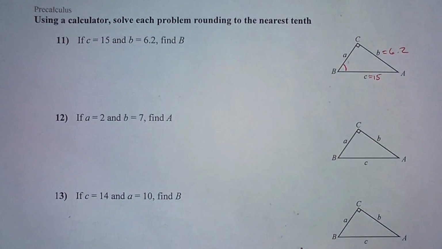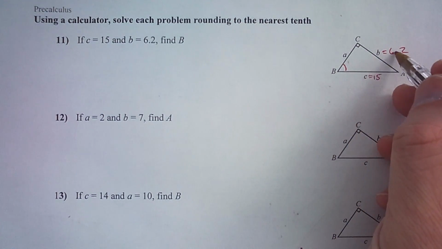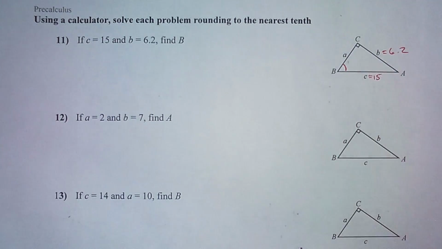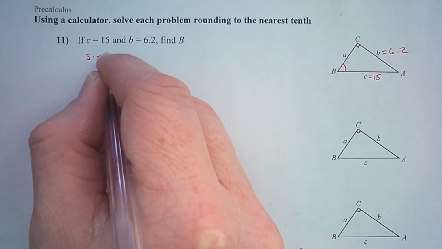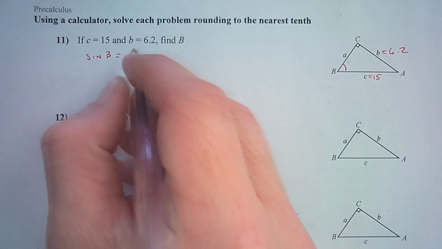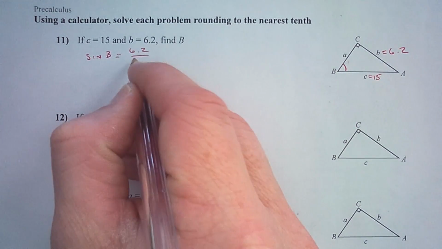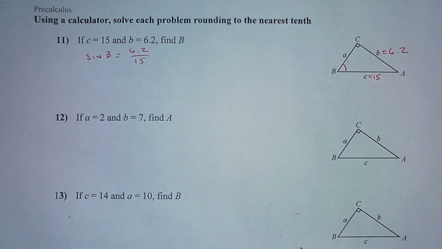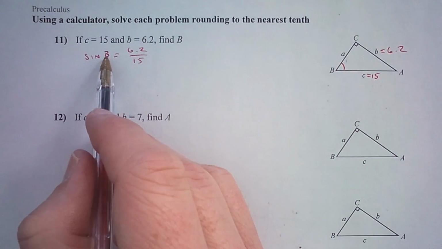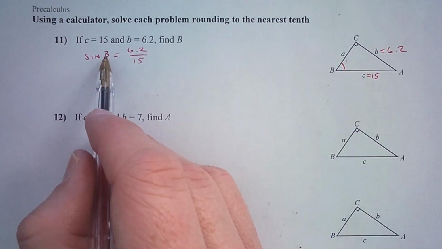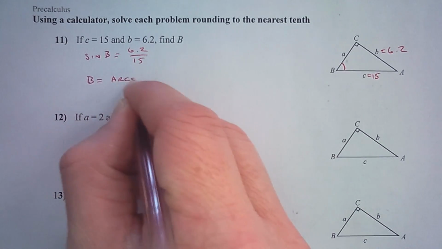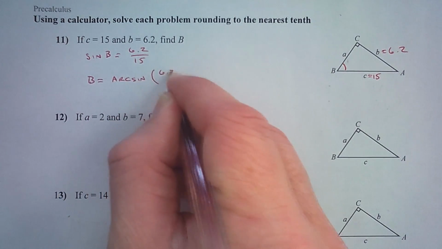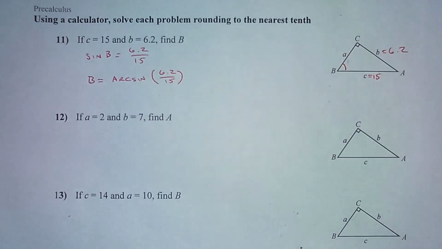Okay, so I have opposite leg and hypotenuse, so that is sine. So sine of angle B is opposite, 6.2, over hypotenuse, 15. Now when it's the angle measure that we're looking for, we use an inverse, so B is arcsine 6.2 over 15.